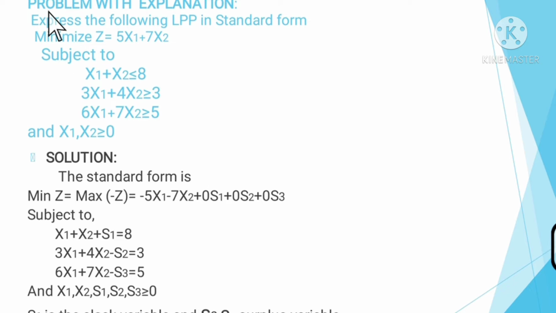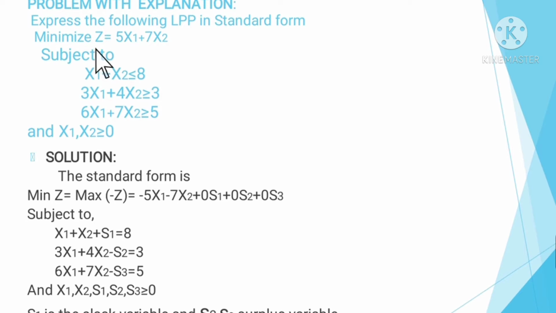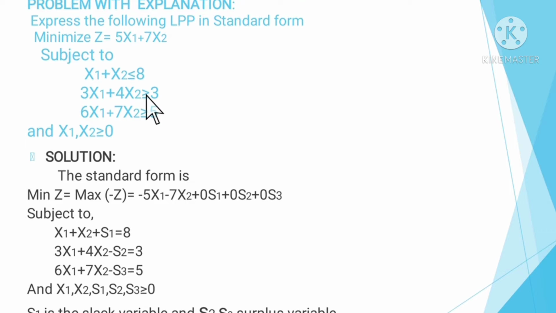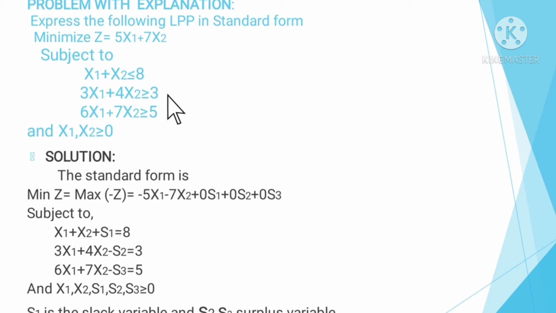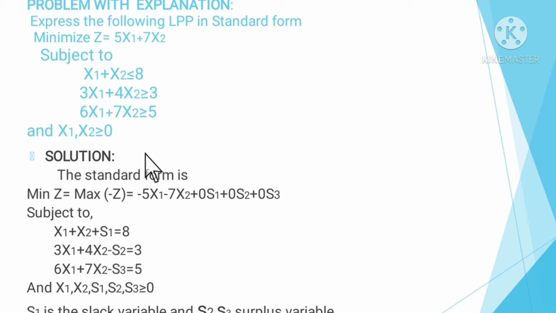Let us see one example for the standard form of linear programming problem. Here one sum is given: minimize z = 5x1 + 7x2 subject to the constraints x1 + x2 less than or equal to 8, 3x1 + 4x2 greater than or equal to 3, 6x1 + 7x2 greater than or equal to 5, and x1, x2 greater than or equal to 0.